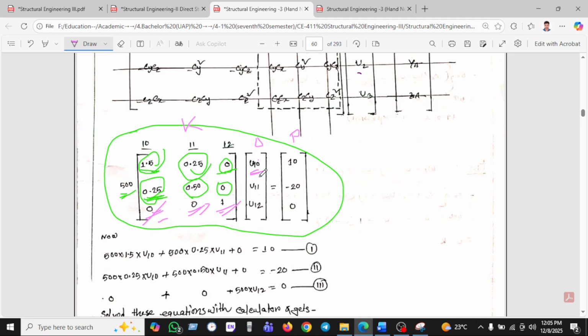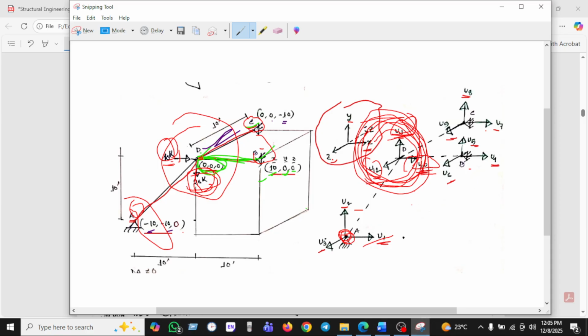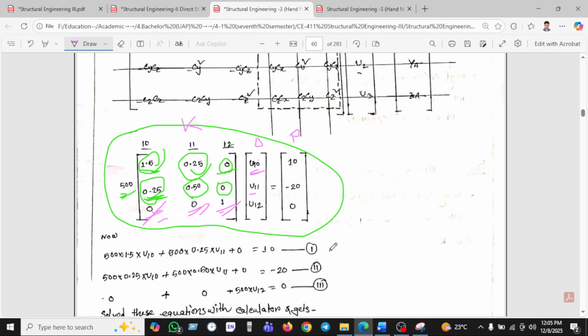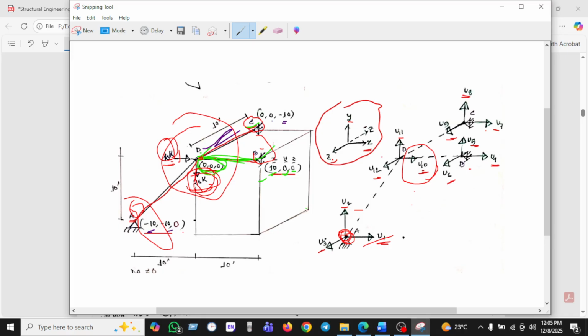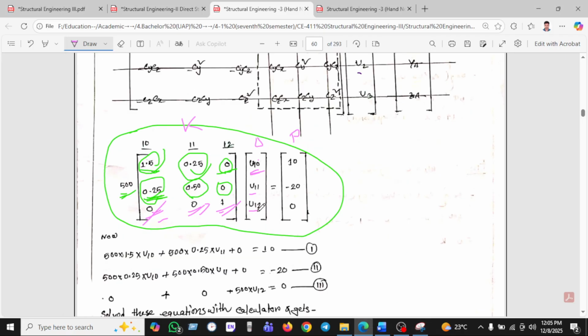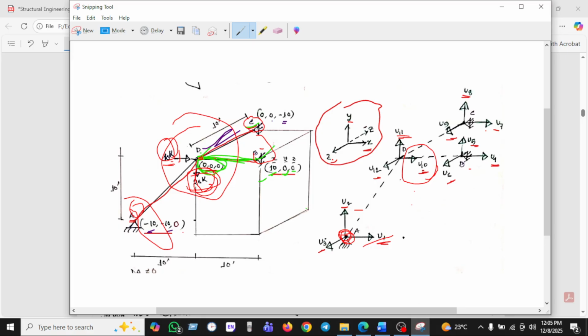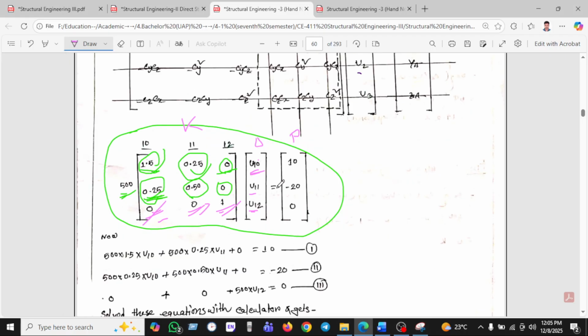Okay, this displacement U10. What is the U10? U10 is nothing but this value, as we have seen here. U10 is the x direction, U11 is the vertical direction, and U12 will be the z direction. And what will be the value, as we have seen, is 10.